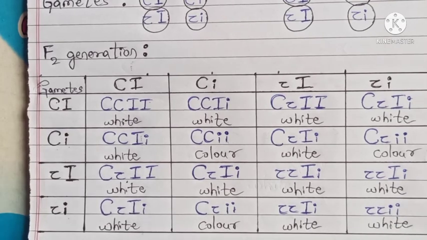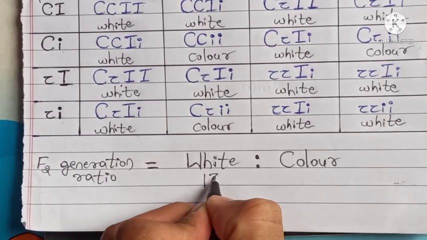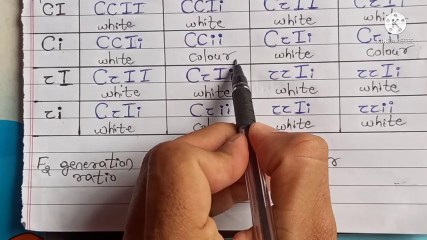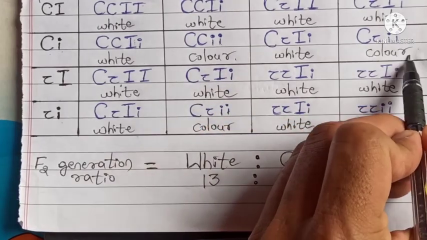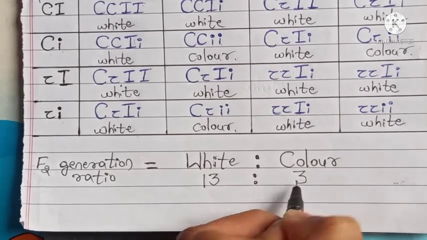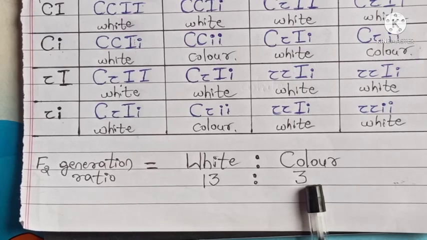So there are totally 13 white, and color you can see here 1, this one is 2, and this one is 3. So therefore the ratio of dominant epistasis becomes 13:3.